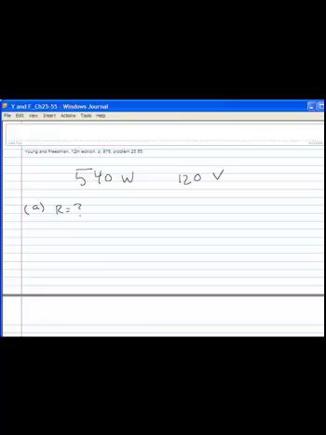So we've got these three equations for power. It's IV, I squared R, or V squared over R. And we want to pick the one that makes sense. So for this problem, we're given power, we're given voltage, and we're trying to find resistance.